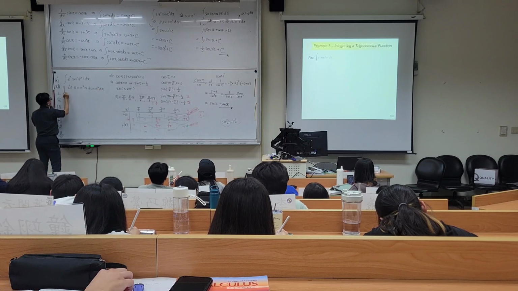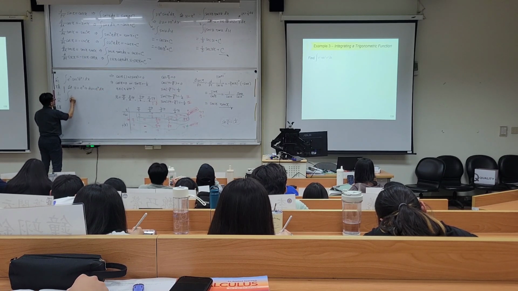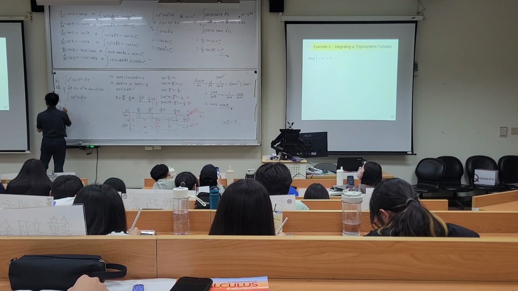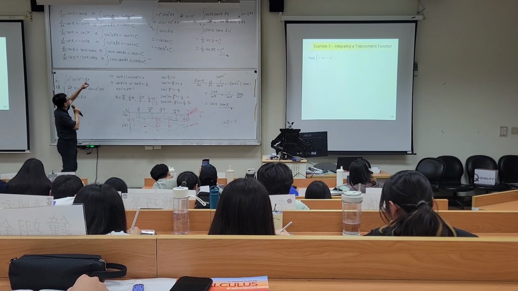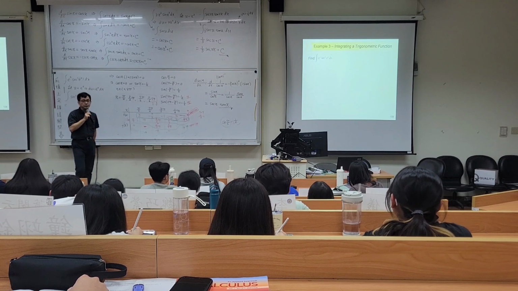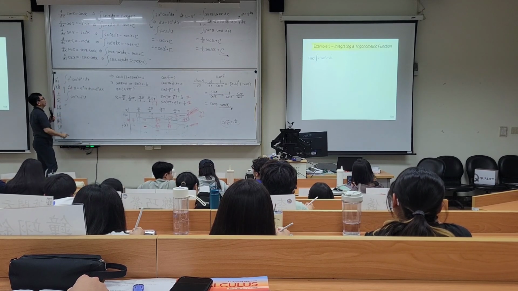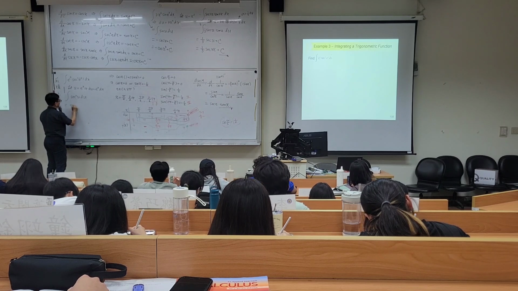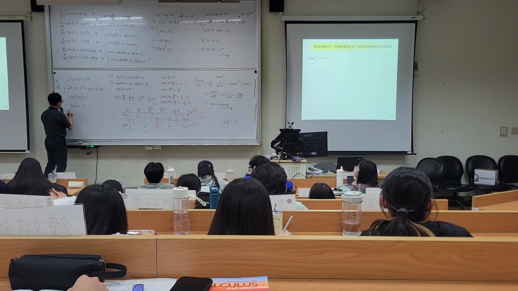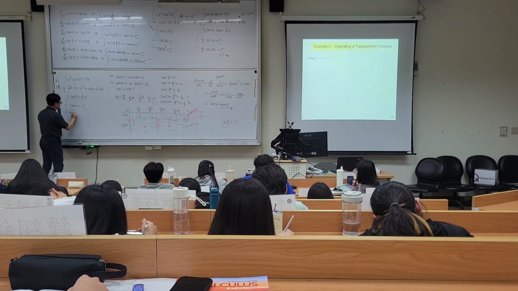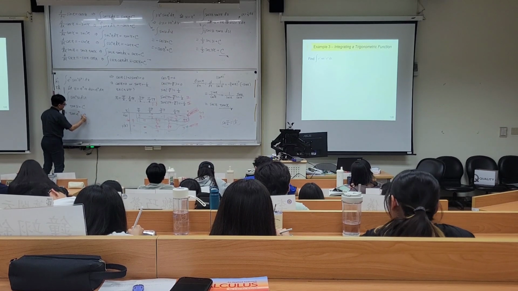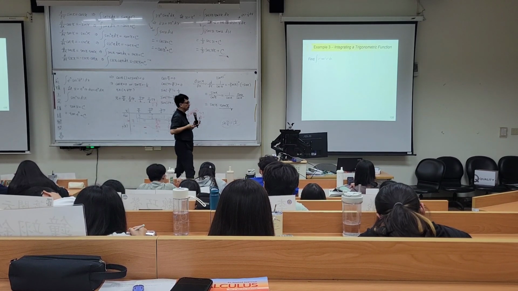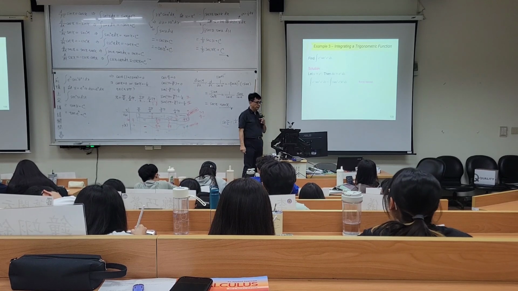So it's equal to secant square u du. And we do know the integration for secant square is tangent. So it's tangent u plus c. So it's tangent e to the x plus a constant. Very simple.